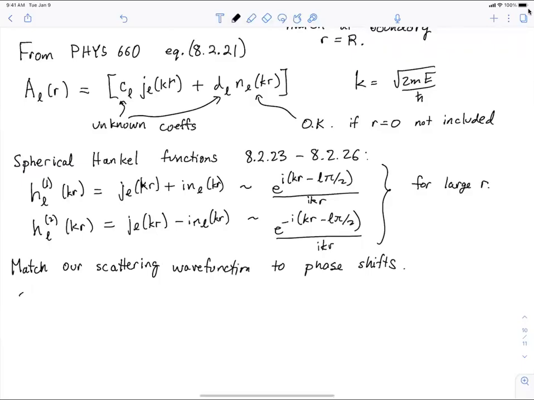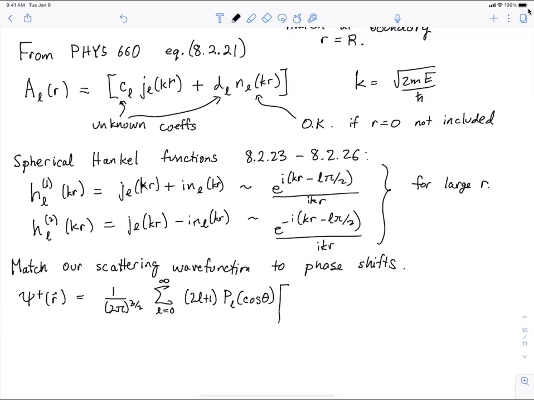Okay, and so our psi plus of R looks like this again. 1 over 2 pi to the 3 halves. We're going to sum over L's. The usual function there.